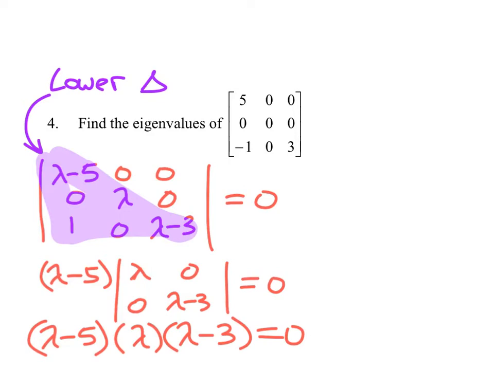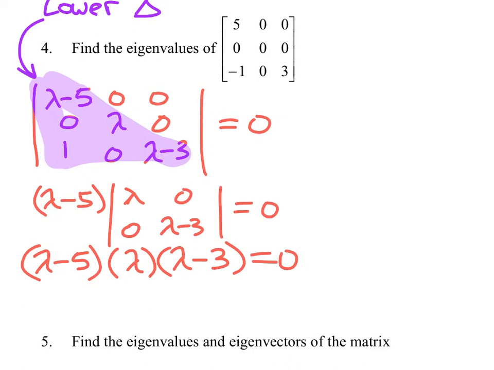Any kind of triangular matrix, just multiply down the main diagonal and you'll have the determinant. If it's a diagonal matrix in and of itself, that's even better. You're still just multiplying down the main diagonal. So bottom line is you could just grab your eigenvalues right out of this because there's really no work to do. Lambda is equal to 5, 0, and 3. So we found the eigenvalues.